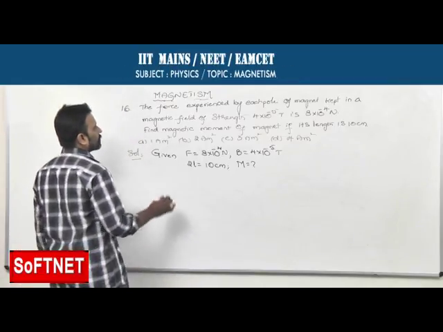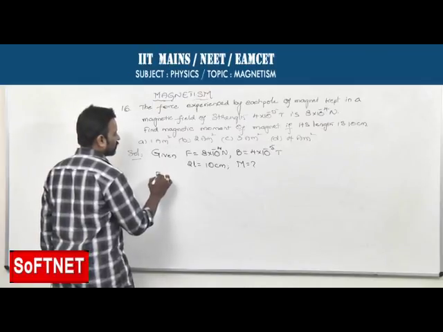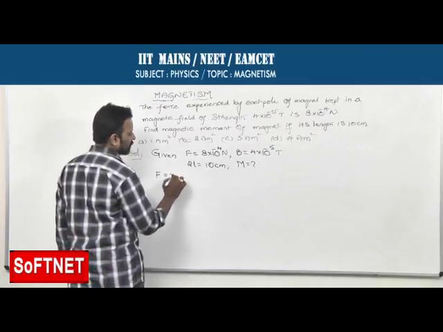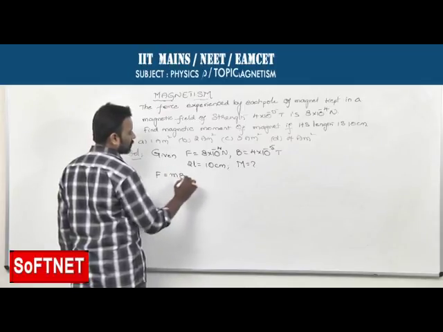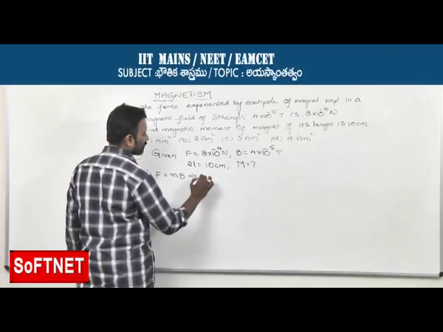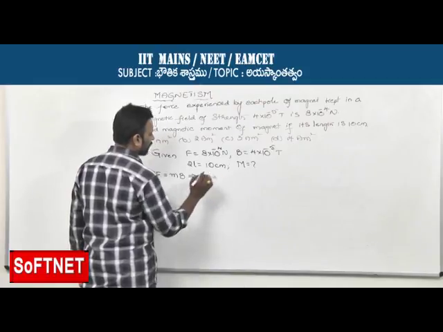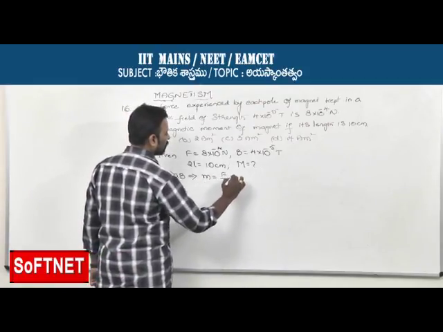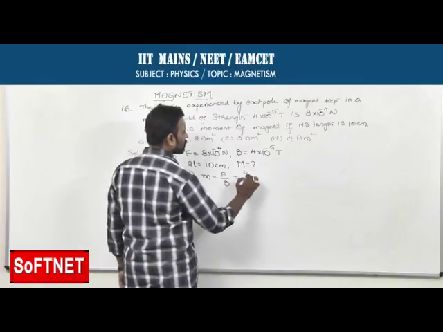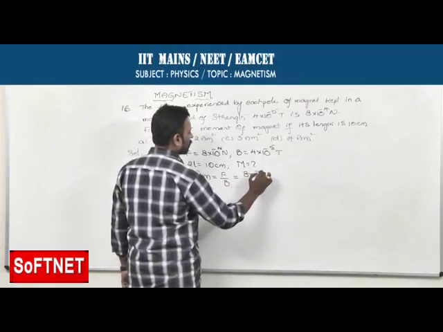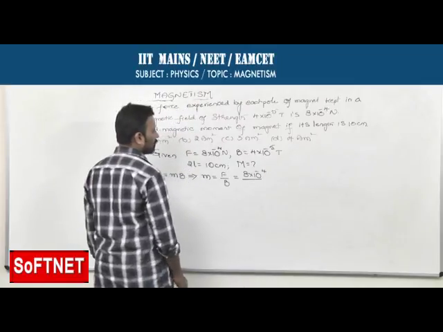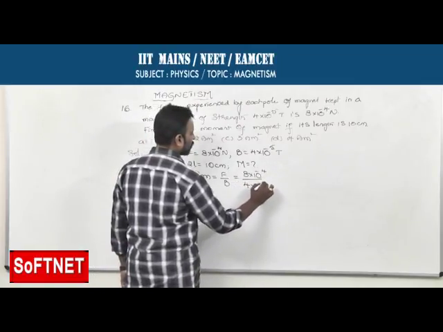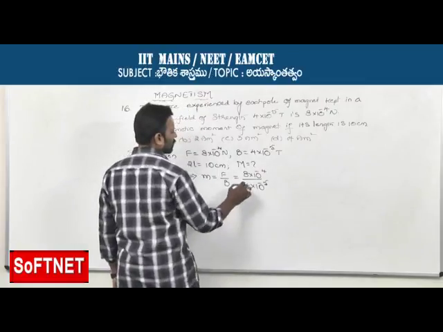See, what is the formula for force experienced by a magnetic pole which is kept in a uniform magnetic field? F is equal to mB. From this, first calculate the pole strength of the magnet. Pole strength m is equal to F by B. Given the force as 8 10 power minus 4 by B, which is given as 4 10 power minus 5.